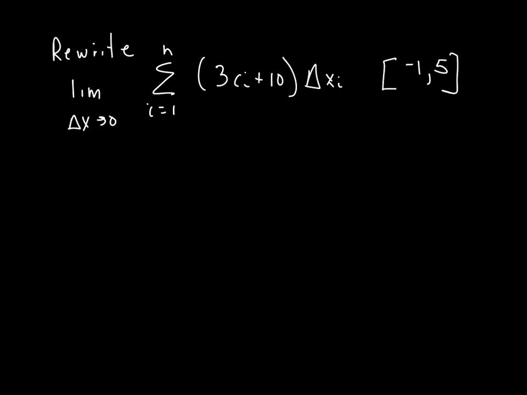All right, so my integral symbol goes from -1 to 5. This is a and b. My integral always goes from the lower to the upper limit.